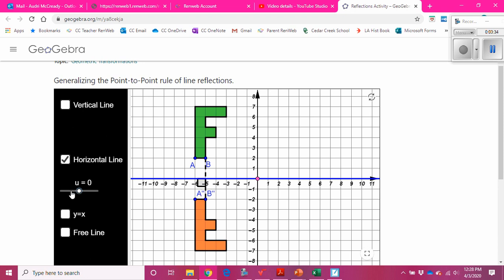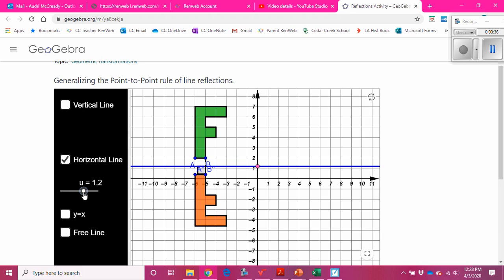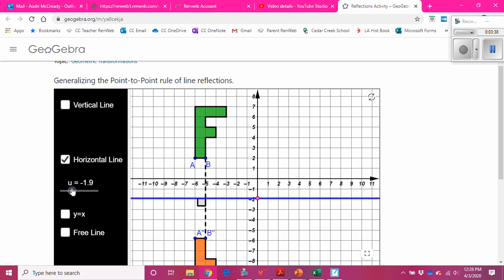And again, you can change this, make it closer, make it further away. Here our line of reflection is, if I can get it there, y equals -2, that's close enough. So again, our pre-image is the same distance to our line of reflection as our image is.